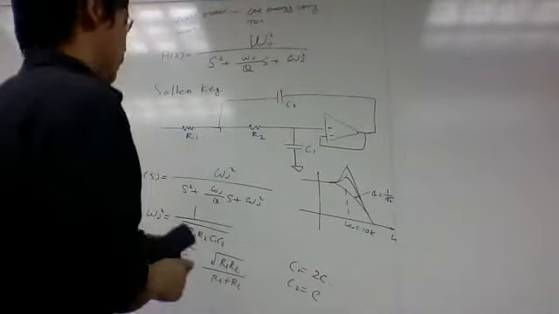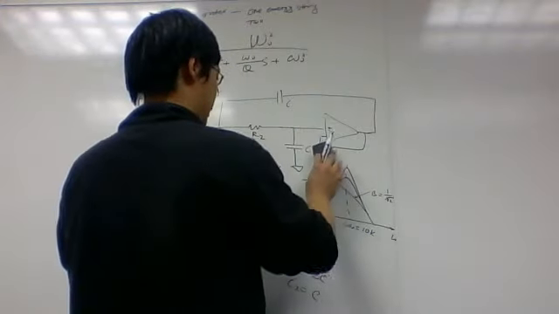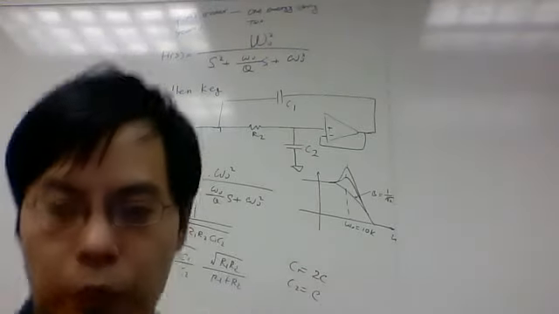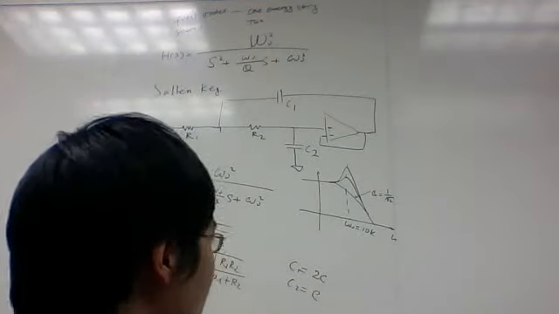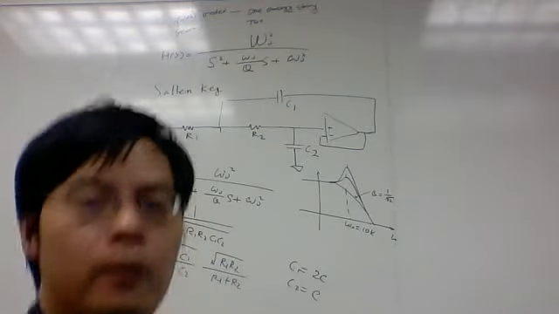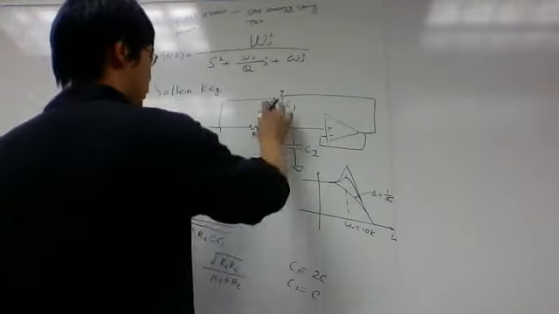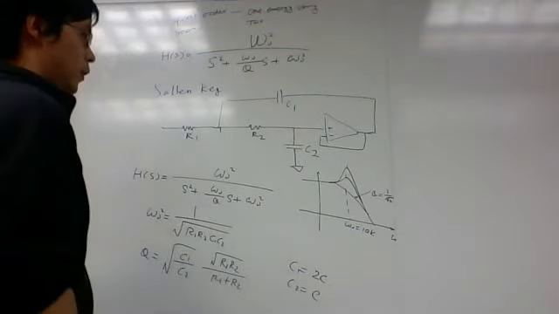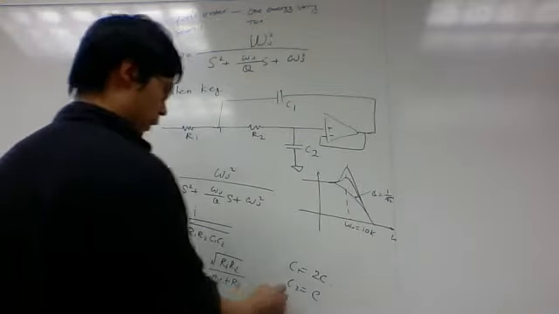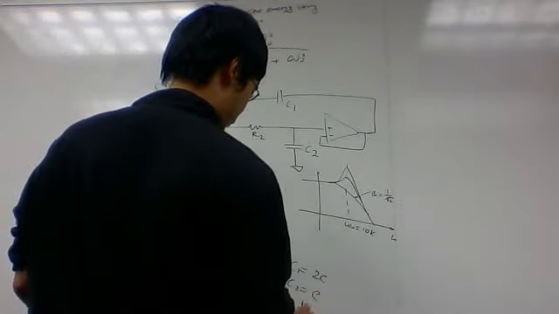Sorry, I said it wrong. This is C1 and this is C2. So this will be 2C and this will be C, and this will guarantee you a Q of 1 over square root of 2, right?